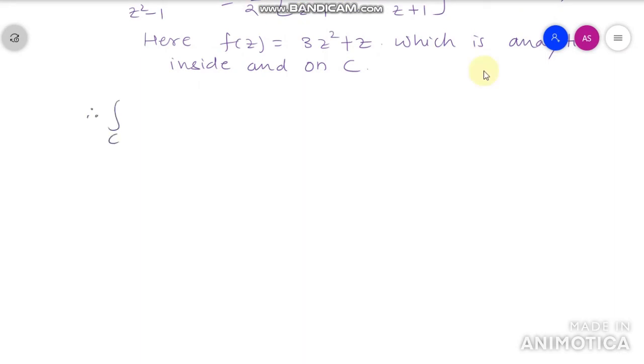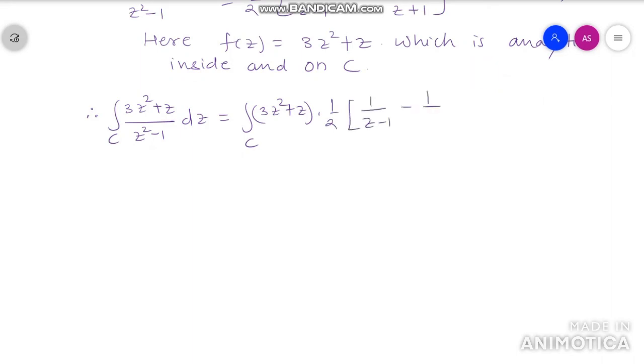Therefore, integral over c of 3z square plus z divided by z square minus 1 dz is equal to integral over c of 3z square plus z into 1 upon 2 into 1 upon z minus 1 minus 1 upon z plus 1 into dz.